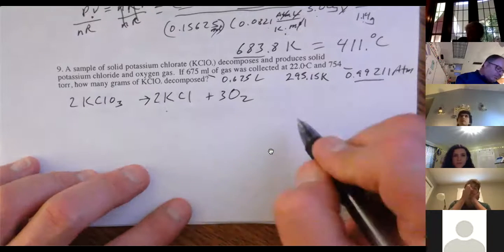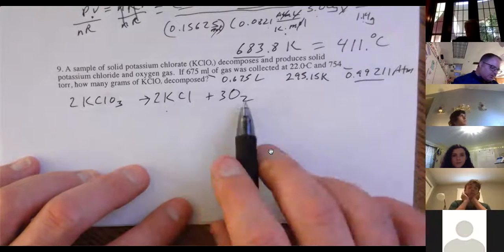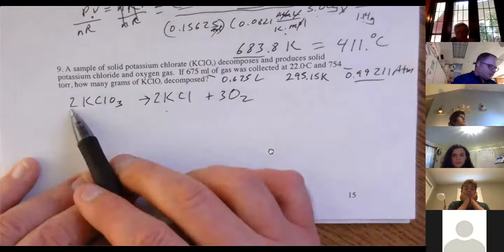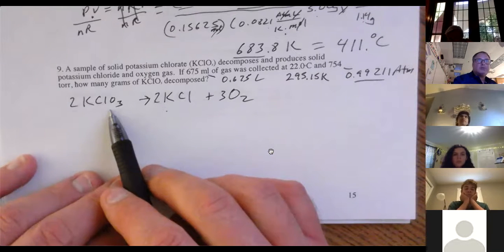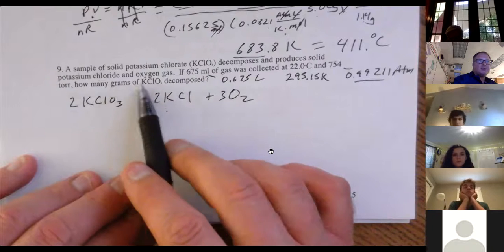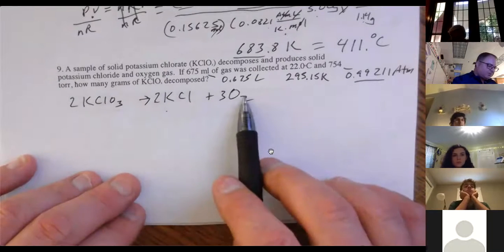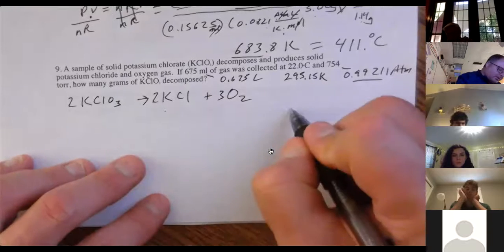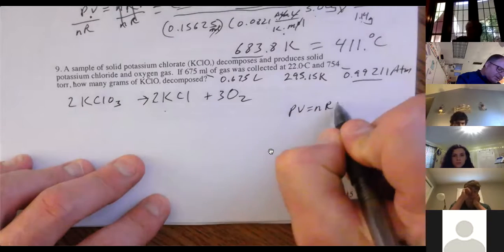I want the number of moles of oxygen gas because I know for every 3 moles of oxygen gas, it takes 2 moles of potassium chlorate. So if I want to find out how much potassium chlorate it takes, every 3 moles of O2 requires 2 moles of KClO3. So PV equals nRT.